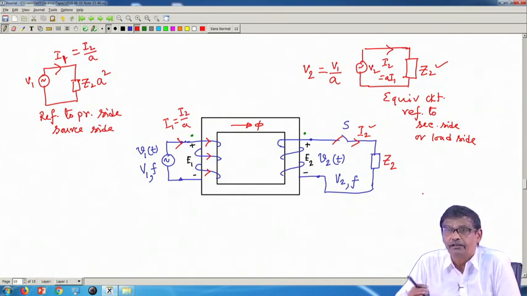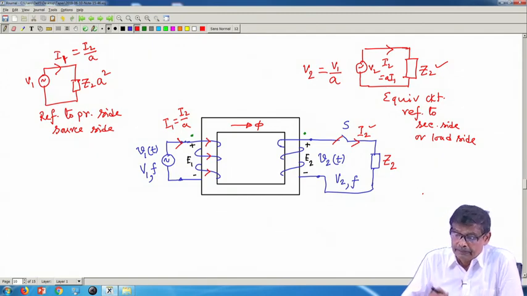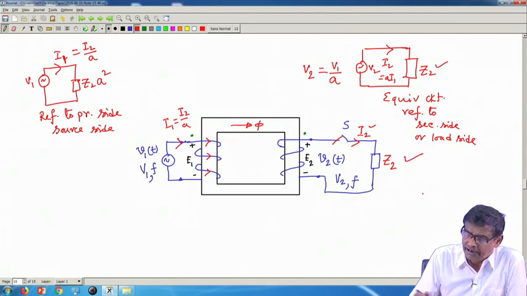Of course, the phase angle of the impedance does not change. This is the important thing, and the phasor diagram I have seen already.